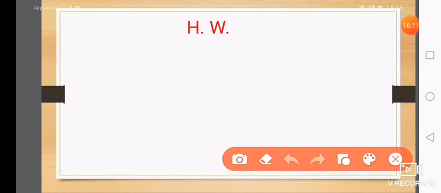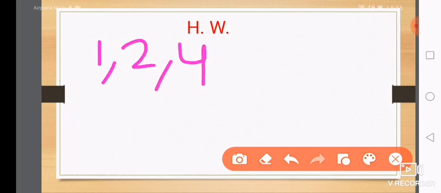Now regarding homework, you have to do question number 1, 2 and 4 of the worksheet. So I'll be giving you worksheet today. You have to solve question number 1, 2 and 4 on your own. And for classwork, I'll be providing you notes.